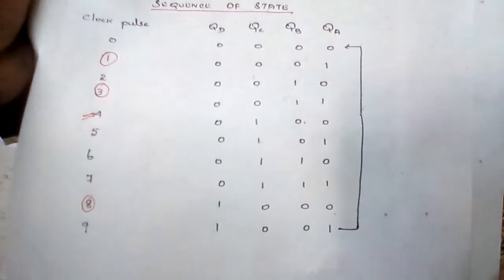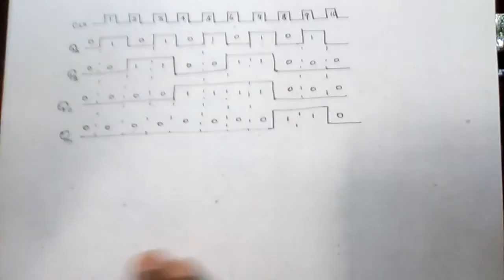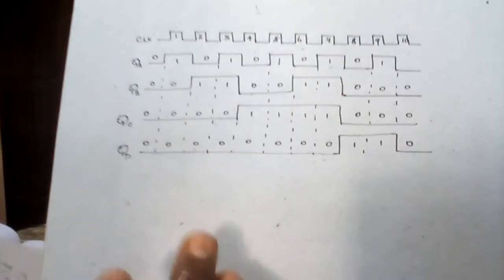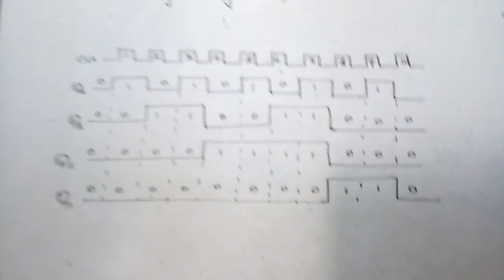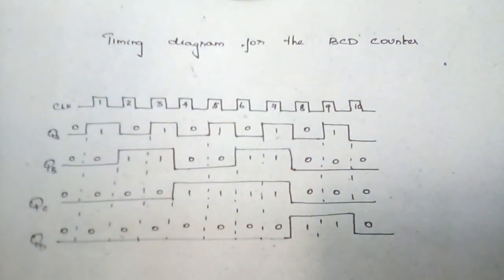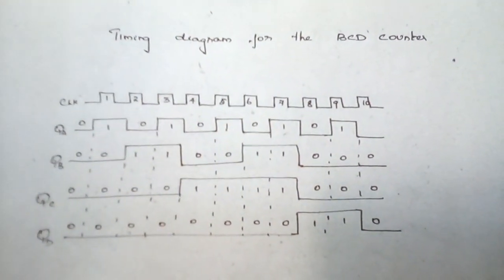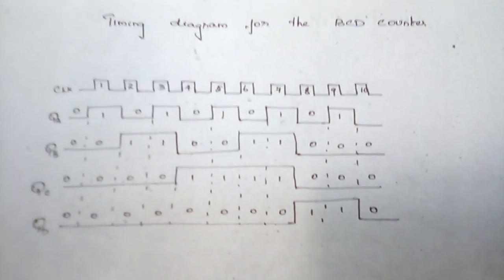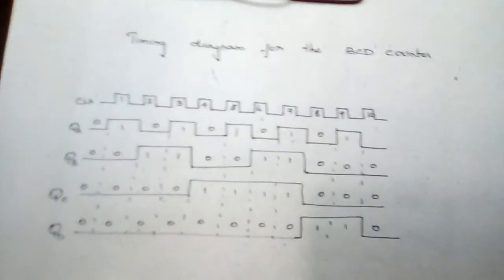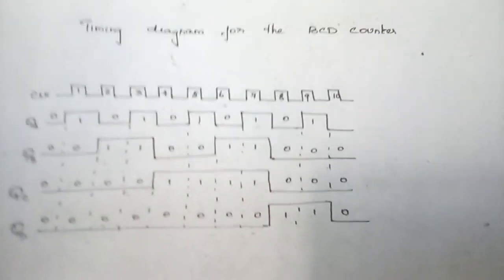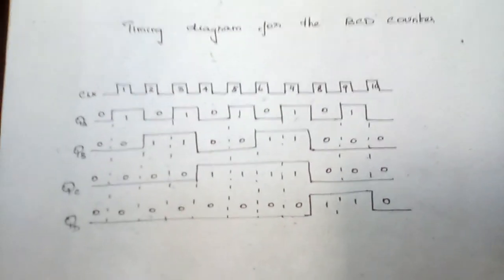So here, at the fourth pulse, QC changes its state, right? This change of state happens by initially connecting flip-flop inputs JA and KA to the high input, and the output of the first flip-flop is fed as the input to the second flip-flop through the AND gate. So by ANDing the inputs with the AND gate, we have a change of state from low to high and also high to low, right?